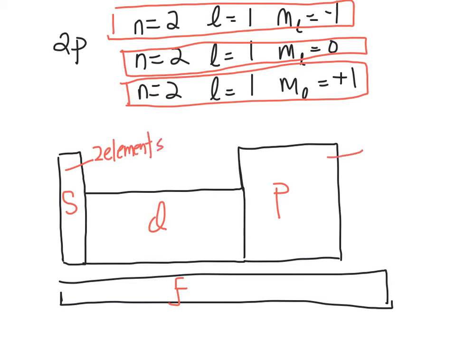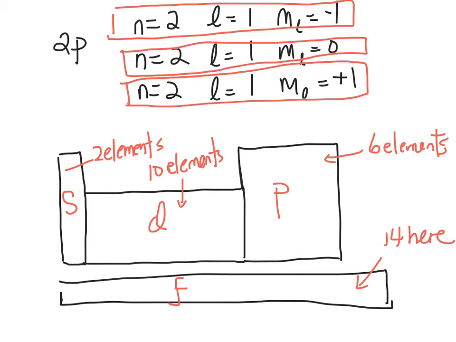There are 6 elements in a row in this section. There are 10 elements in a row here and 14 here.